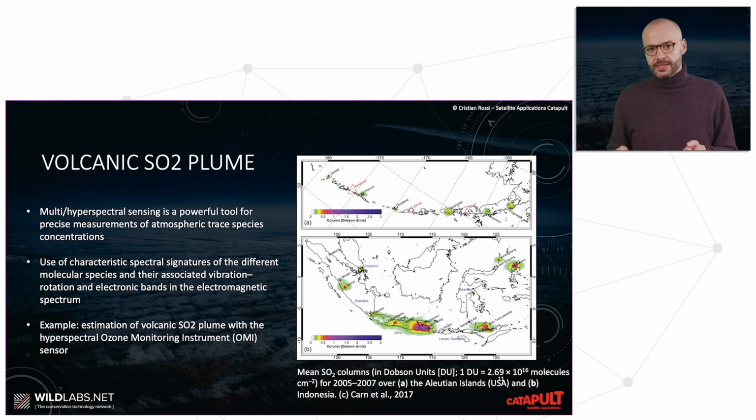This can be studied. In this case here, we see a couple of examples over the Hawaii Islands down there. And this is particularly important to study phenomena and to forecast also the direction of the plume and the intensity of it.